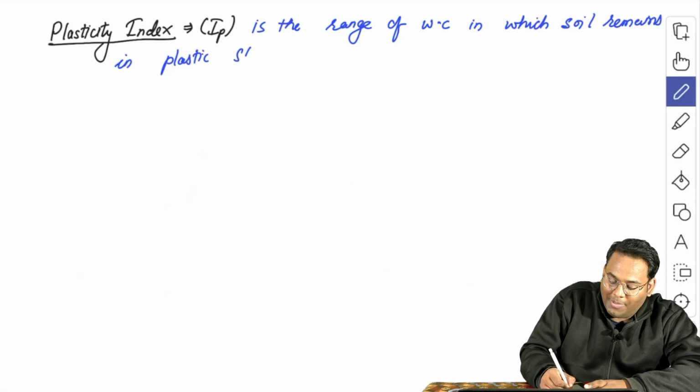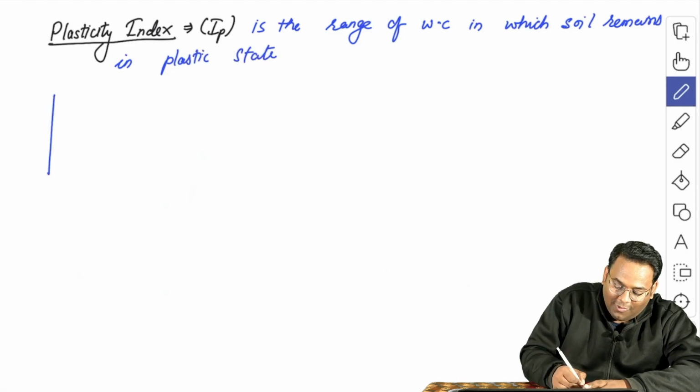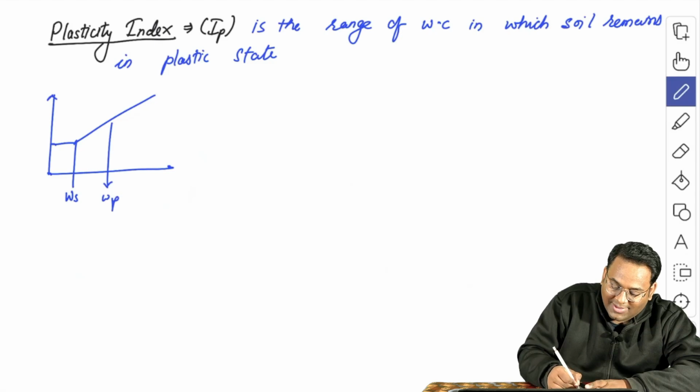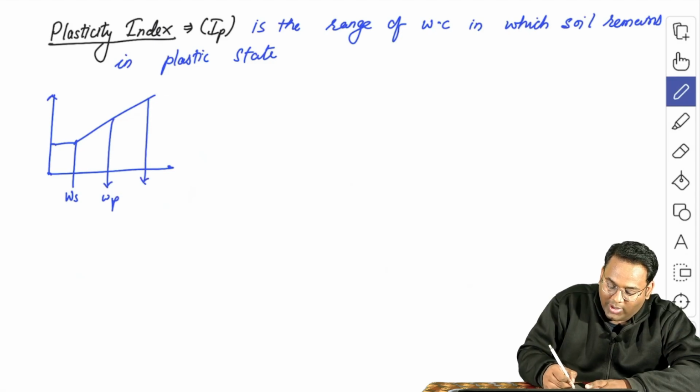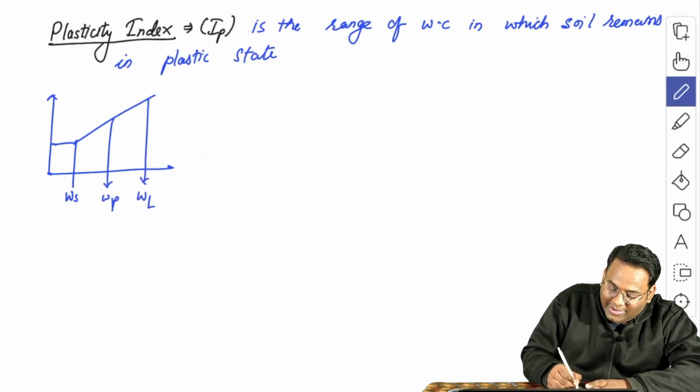See, if you remember the graph, obviously you might be remembering that this is the graph. Here it is the shrinkage limit, here it is plastic limit, and this is your liquid limit. If I am taking the difference of these two, that means I am calculating this width, yes or no?